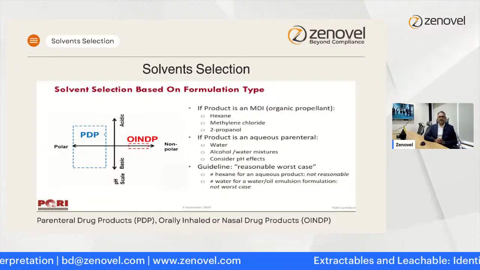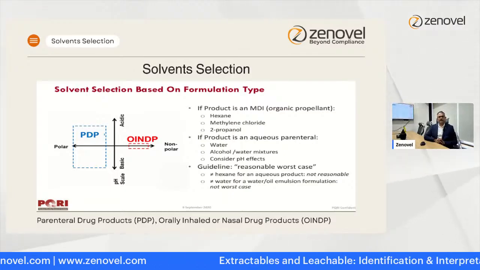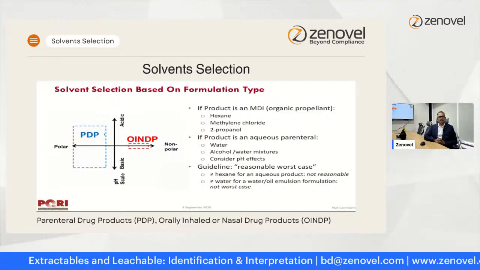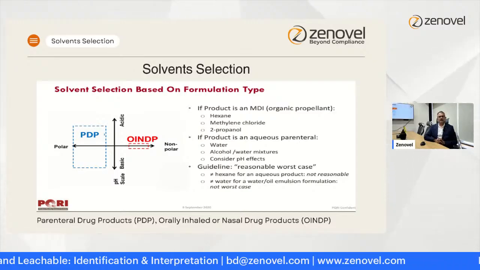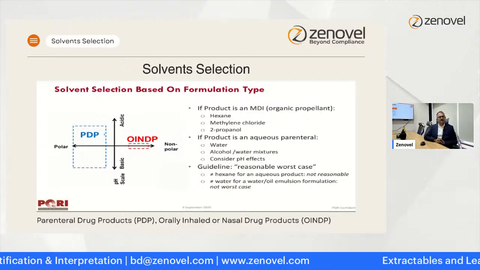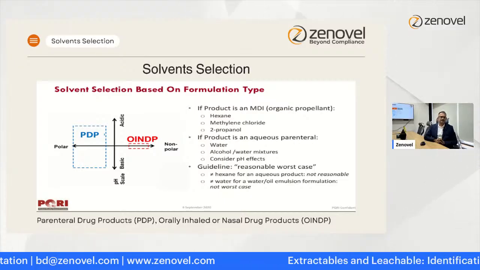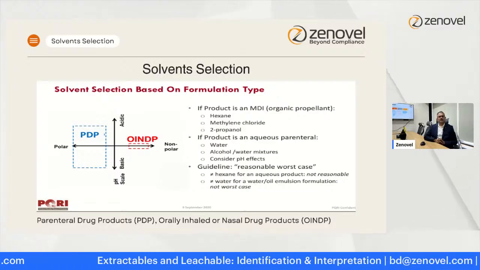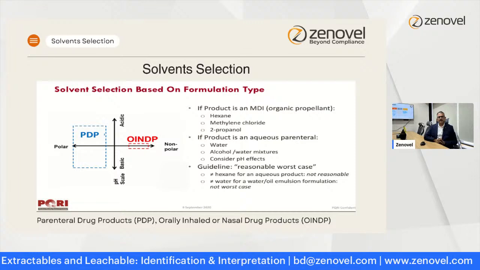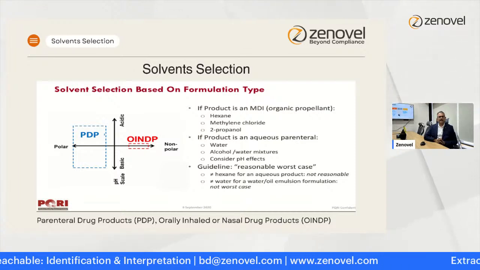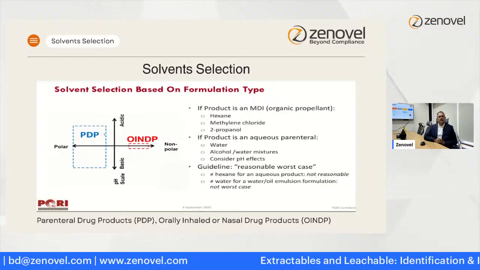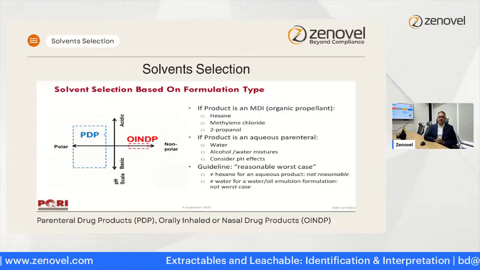And the guideline for the reasonable worst case: if we choose hexane for an aqueous product, then it is not reasonable. And water for a water-oil emulsion formulation is also not considered a worst case. So in general, for parenteral drug products, the solvent selection should be on the polar side, whereas for orally inhaled or nasal drug products, the solvent selection should be on the non-polar side.